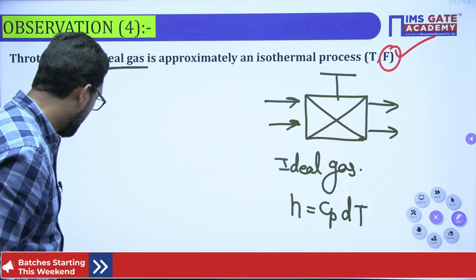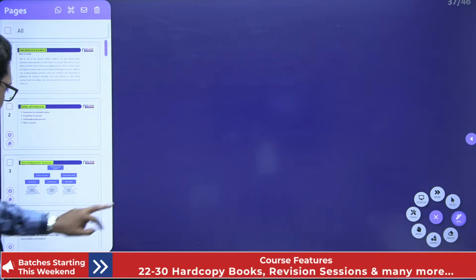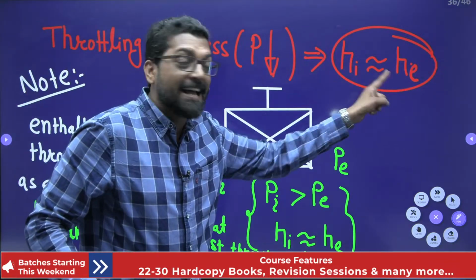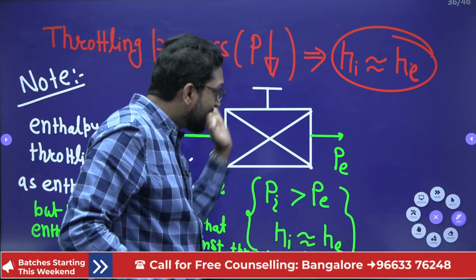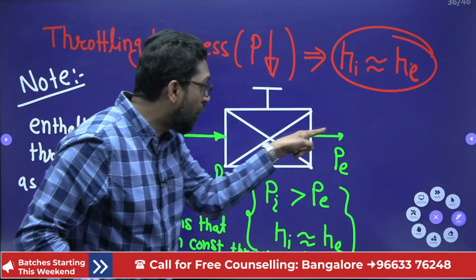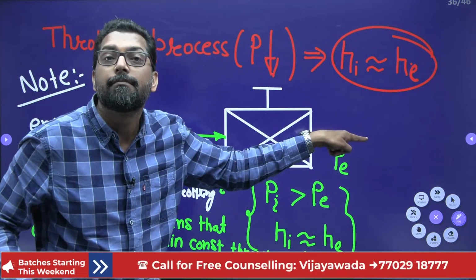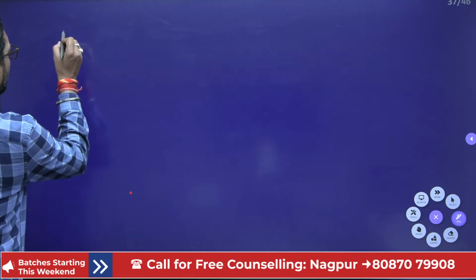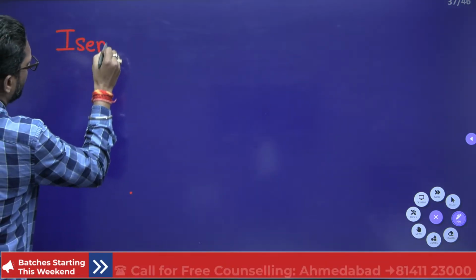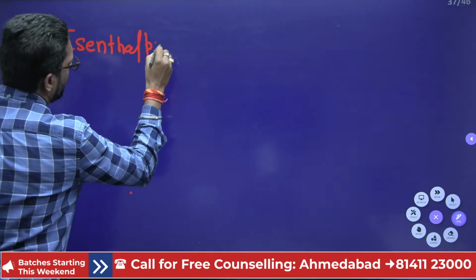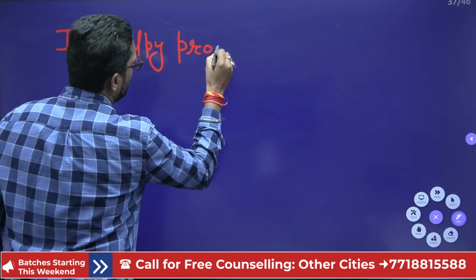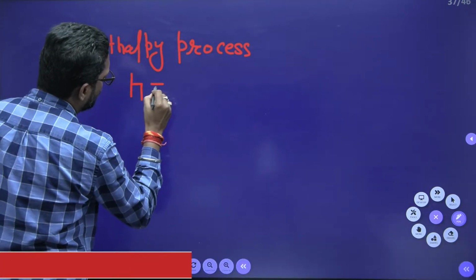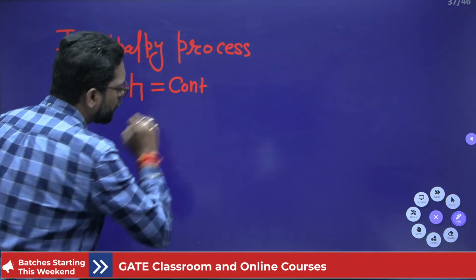This is very important. That means we can write here Hi is equal to He. That means enthalpy at inlet is the same as enthalpy at exit, but it is not necessary that enthalpy is the same throughout. What does isenthalpic process mean? An isenthalpic process means enthalpy is constant throughout the process.